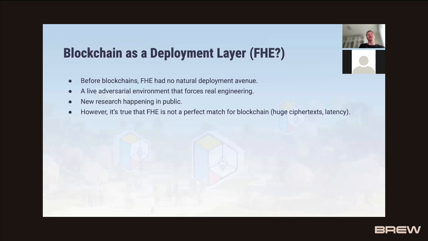For FHE, on one hand it's similar, of course. We have a natural development happening with blockchain. We have a live adversarial environment that forces real engineering, and new research is happening in public. However, there is a difference, because FHE is not a perfect match for blockchain just because of, for example, the size of the ciphertexts.